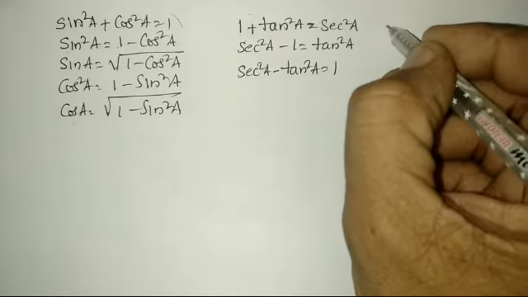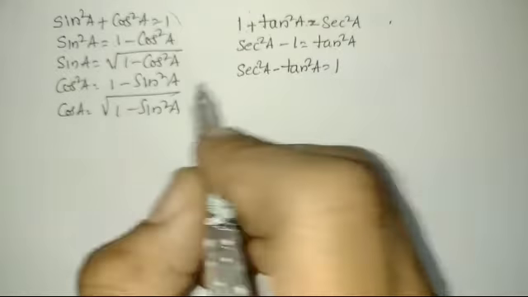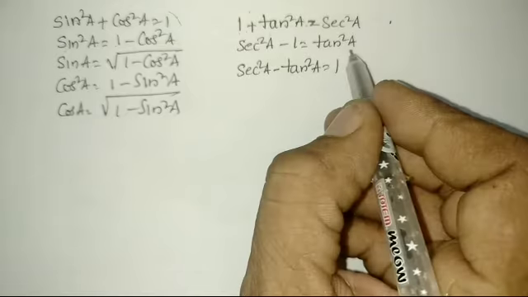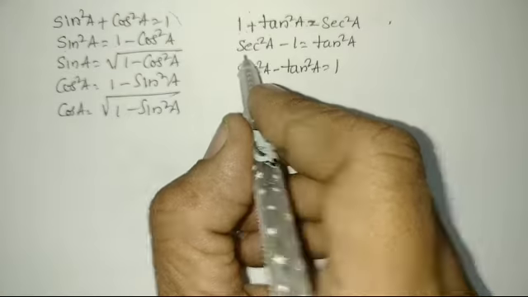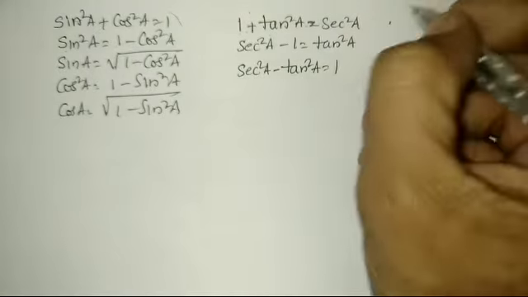So here 1 plus tan square A equal to secant square A, secant square A minus 1 equal to tan square A, secant square A minus tan square A equal to 1. Instead of tan square A, you can write secant square A minus 1. Instead of secant square A, you can write 1 plus tan square A. And for secant square A minus tan square A, we write 1.